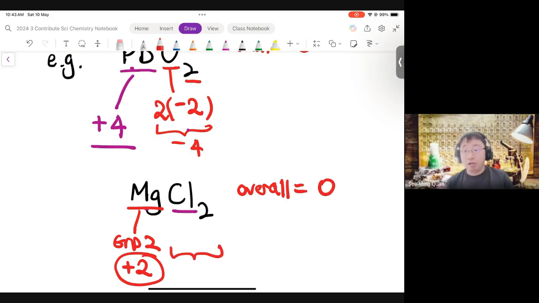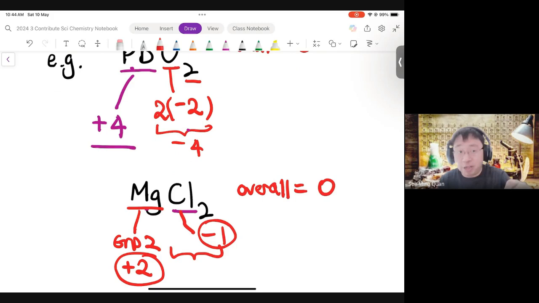Clearly, Cl2 must cancel out the magnesium's +2, meaning Cl2 is -2. But oxidation states are for each atom, one atom. Over here, there are 2 chlorines. 2 chlorines together is -2, so each chlorine is -1. So the oxidation state of chlorine in MgCl2 is -1.